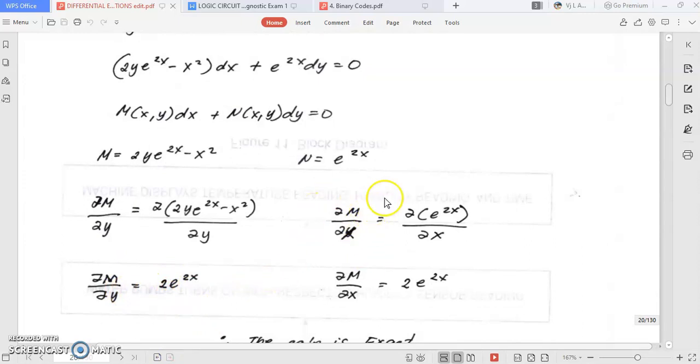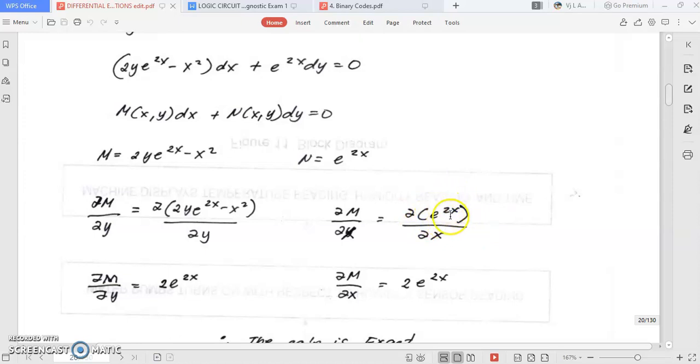For the other one, we have partial of N over partial of x, which is equivalent to partial of the given N. When you derive e raised to the power of 2x, it is just 2 e raised to the power of 2x, right? We always use this in variable separable and integration by parts.